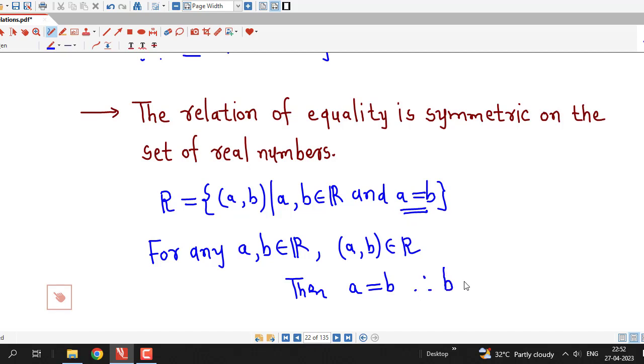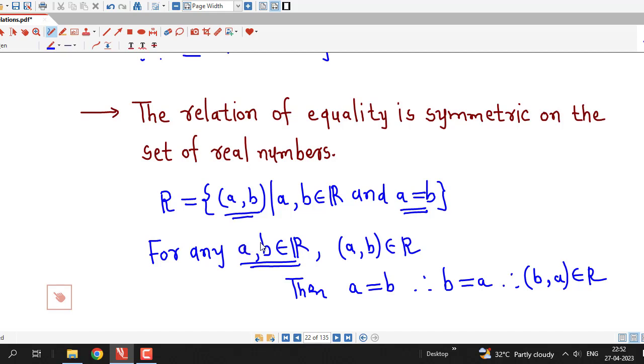So this we can rewrite as b equal to a, and therefore by the definition of the given relation we can write that (b, a) belongs to R because b equal to a. (a, b) belongs to R if a equal to b, therefore (b, a) belongs to R if b equal to a, and this a and b are arbitrary real numbers.